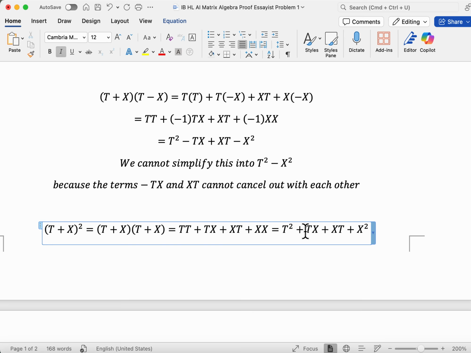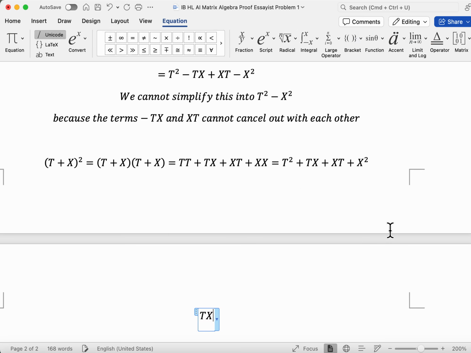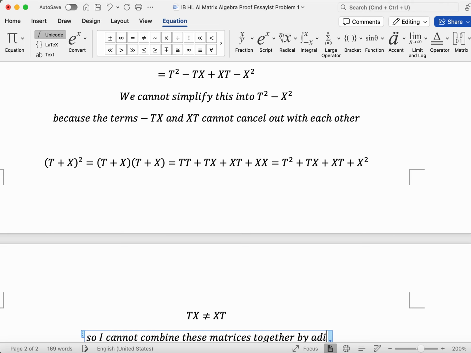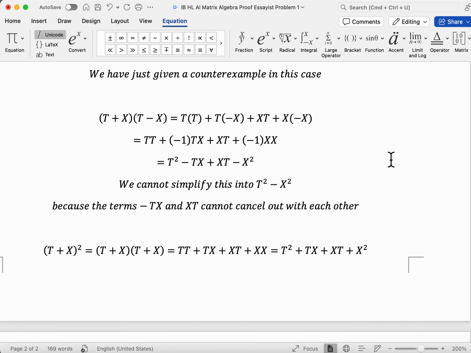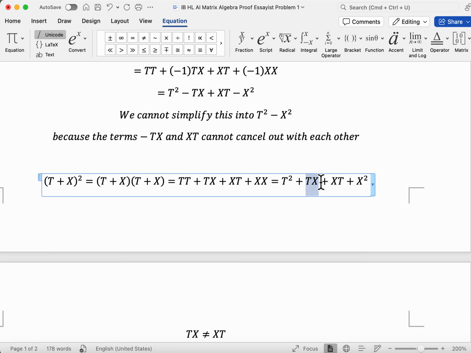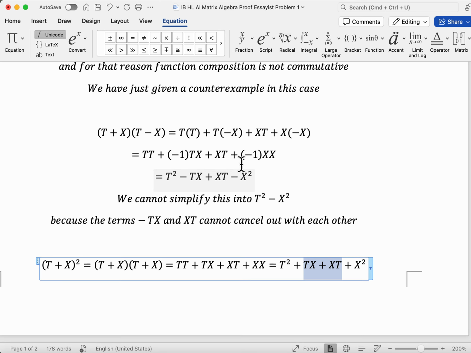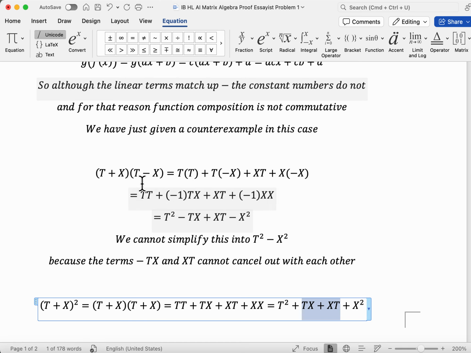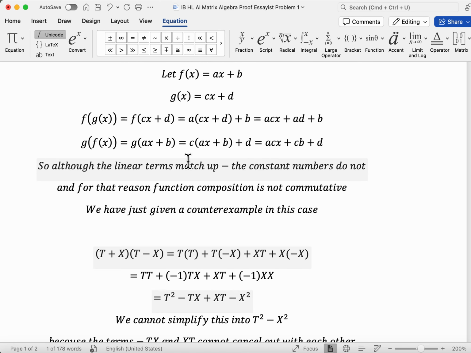And yep, these two matrices are not the same. tx does not equal xt. So I cannot combine these matrices together by addition. So this can't become 2tx. So yes, this is the proper expansion result that we have.